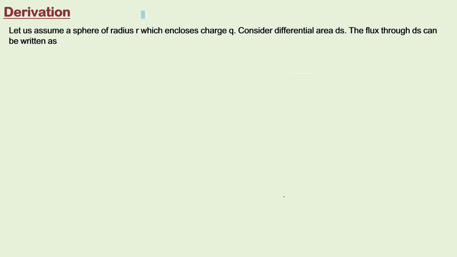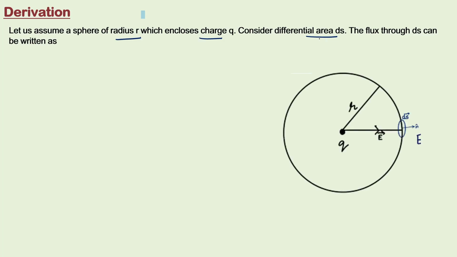In order to obtain the derivation, let us consider a sphere of radius r which encloses a charge q inside the sphere. We first calculate the electric flux through a small differential area dS, and after that we will integrate over the entire sphere. In the given figure, q is the charge enclosed and r is the radius. First we take a small differential area dS.